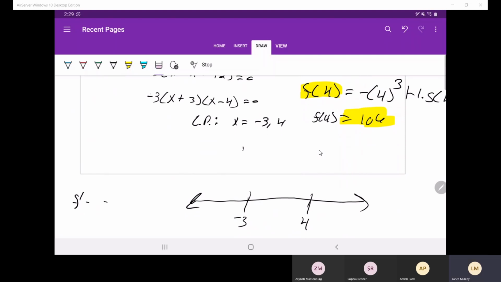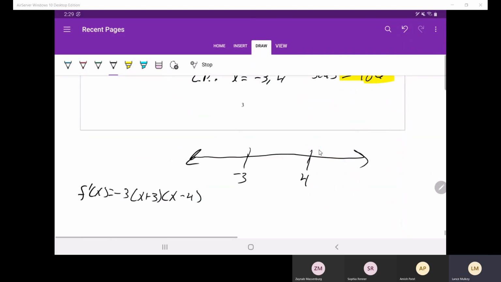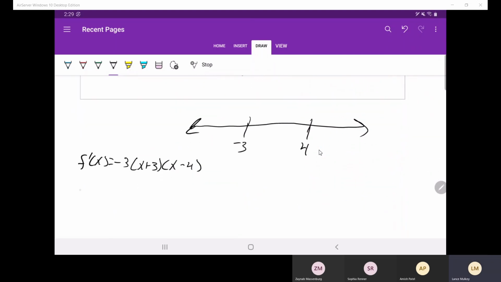Hang on, let's just rewrite the derivative. F prime of x, use the factored version always, equals negative 3 times x plus 3 times x minus 4. We're going to do f prime of negative 5, seems like the easiest, equals negative 3 times negative 5 plus 3 times negative 5 minus 4.